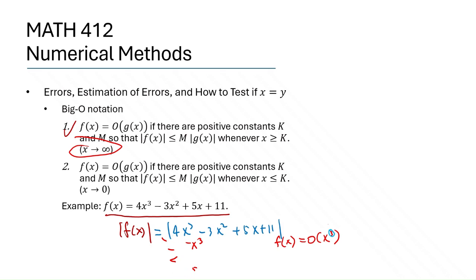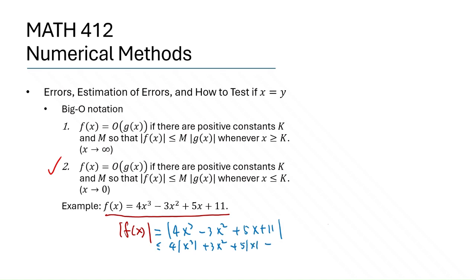How about the second case? Now we talk about the second case, where x goes to 0. With the same function, again by the triangle inequality, it's bounded by 4x cubed plus 3x squared plus 5x plus 11.